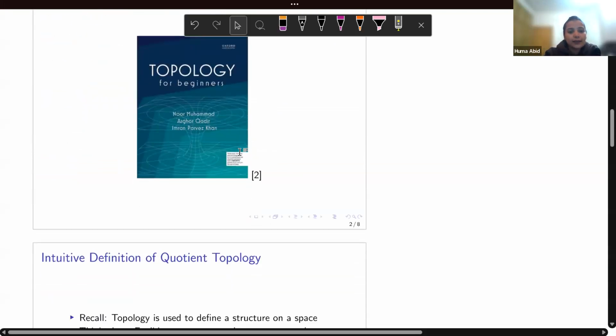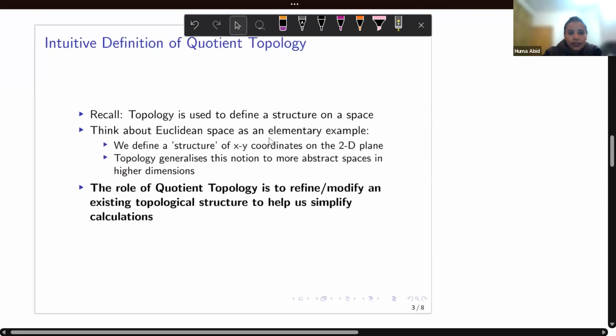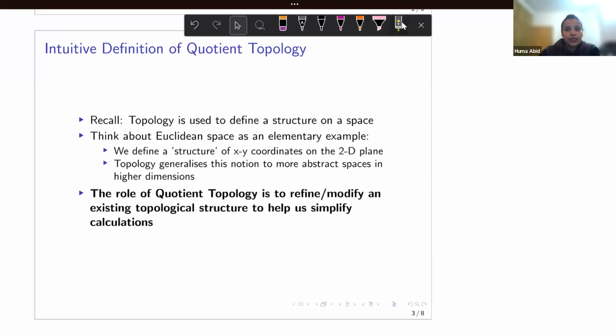All right, now let's begin with topology. Before jumping onto quotient topology, it is important for us to recall that the basic idea behind studying topology is that it equips you with the tools that enable you to define a mathematical structure on any kind of abstract space.